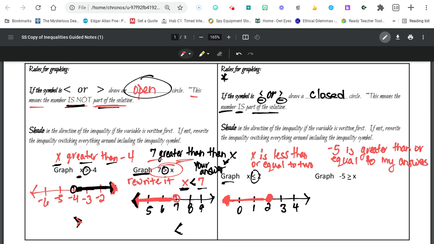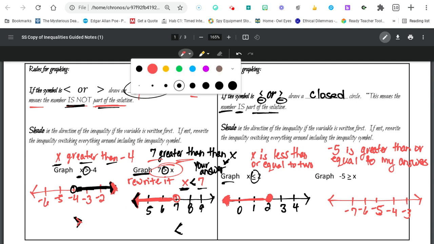So if -5 is greater than your answers, and let's go ahead and draw the line. And keep in mind, negative numbers, they're turned around differently than positive numbers. So I know normally you count 5, 6, 7, but this is -5, -4, -3. They're the opposite. And then 6 and 7 are on the other side. They're not like the positive side of the number line. You kind of reverse it, okay?